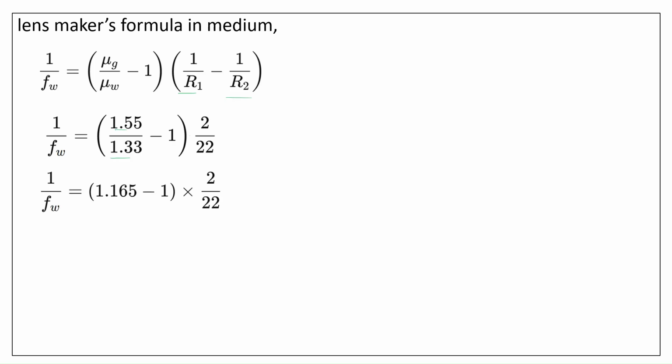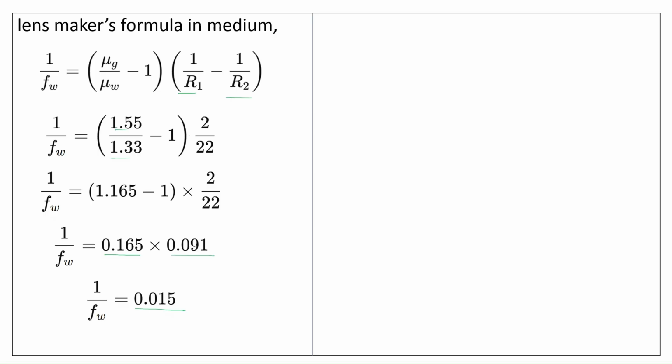Now, 1 by Fw is equal to 1.165 minus 1 into 2 by 22. We get 1 by Fw is equal to 0.165 into 0.091. Therefore, 1 by Fw is equal to 0.015.